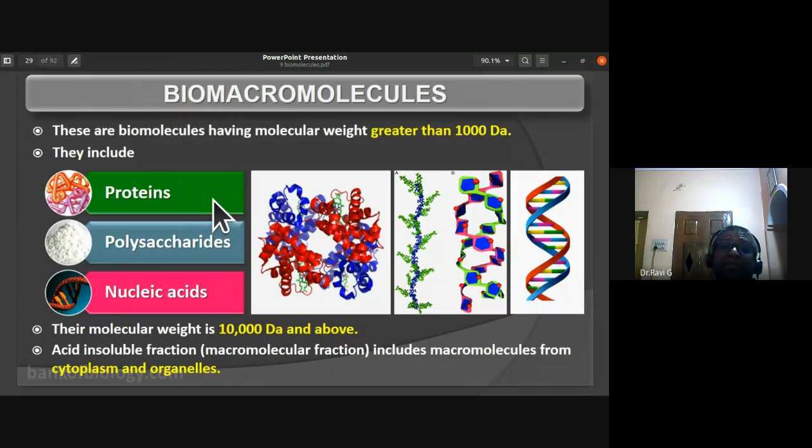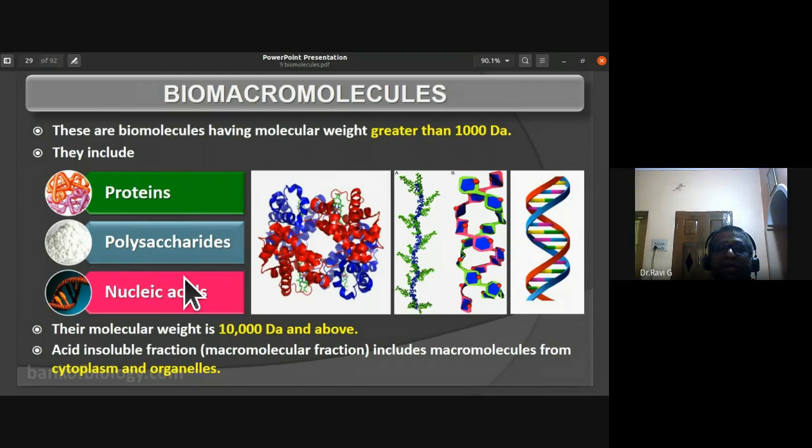Whereas in micromolecules, we studied amino acids, simple sugars, nitrogen bases, and lipids. Under biomacromolecules, we are going to study proteins, polysaccharides, and nucleic acids.